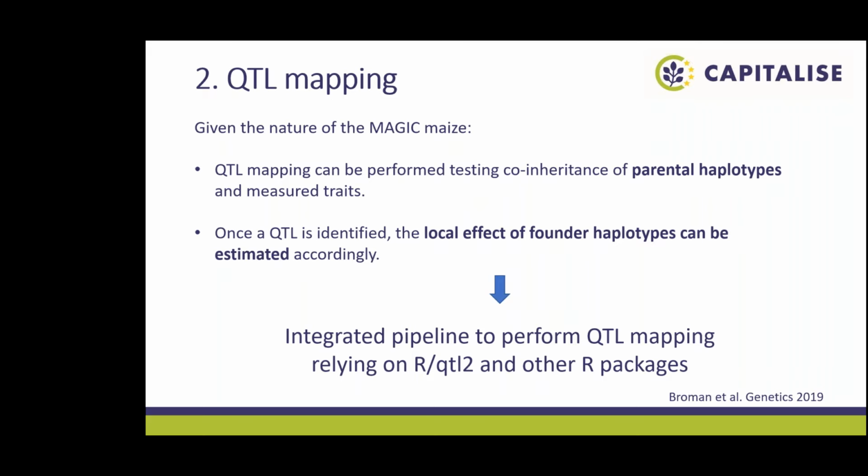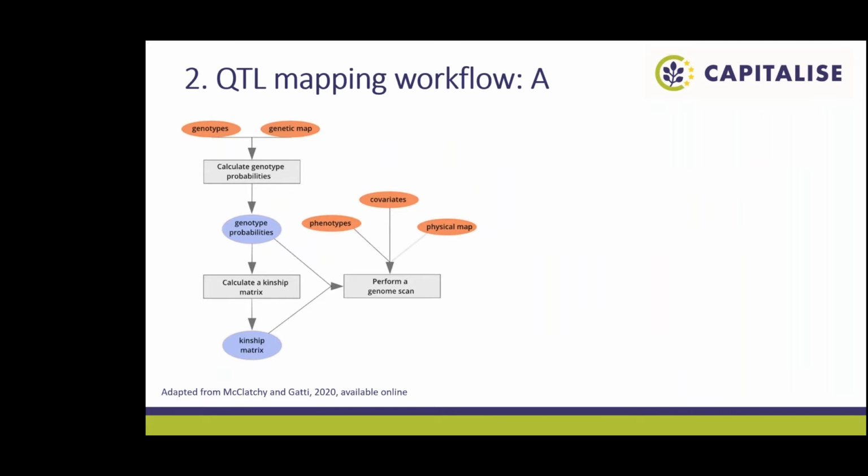We rely on qtl2, but also on many other packages. So here is the principle behind QTL mapping. To perform QTL mapping, what we need are genotypes. So we need a genetic characterization of our recombinant inbred lines and our founders.